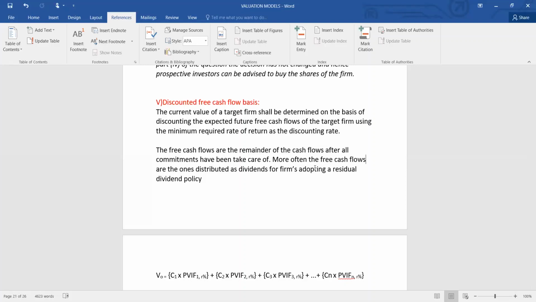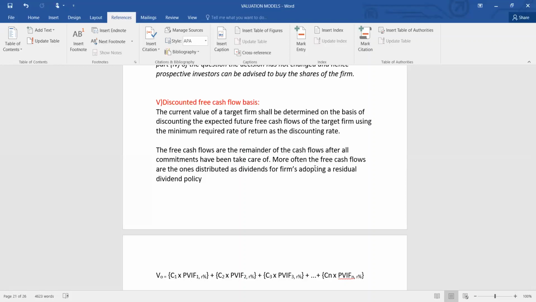When you value a company, maybe a target firm, you want to know the value of a target firm for purposes of mergers or acquisition. We are going to see that in the next topic. But one of the reasons why you value a company or a share of a firm is for purposes of mergers or acquisitions.